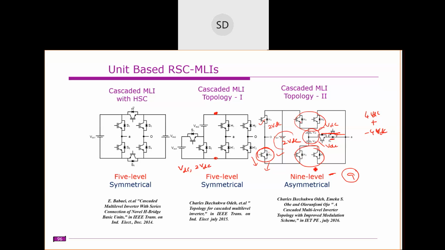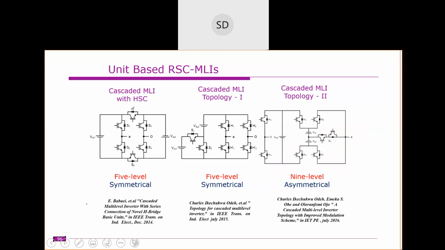In the case of this bidirectional switch, what is its maximum blocking voltage?